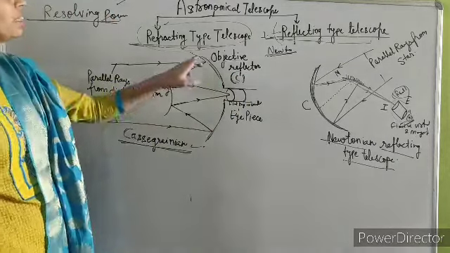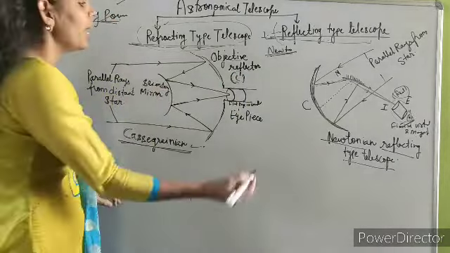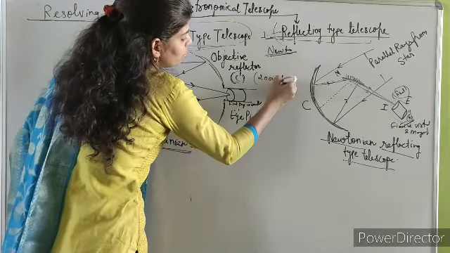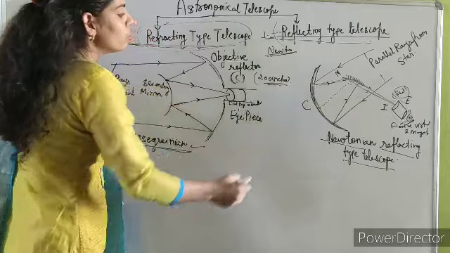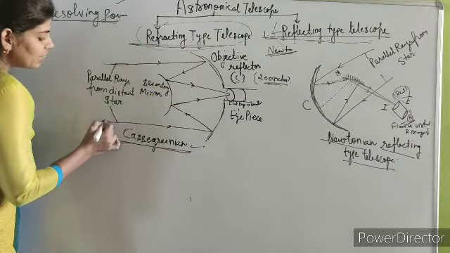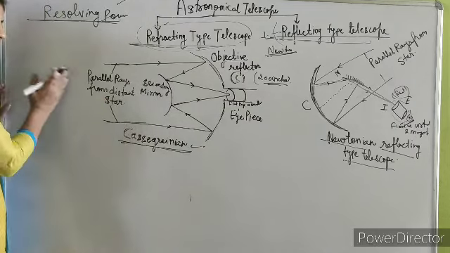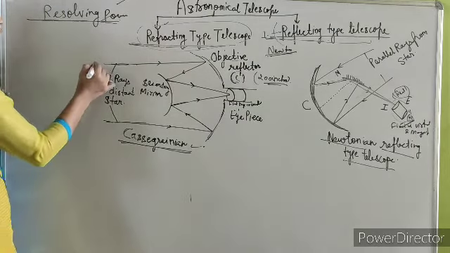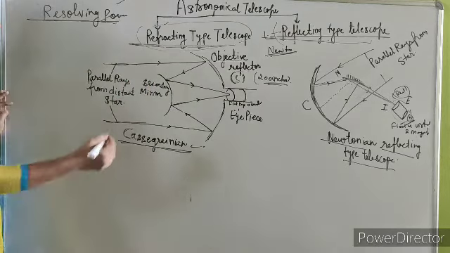Students, you can see here its aperture is large, almost 200 inches. Here also the phenomenon is the same. These are the light rays coming from distant objects like a star.